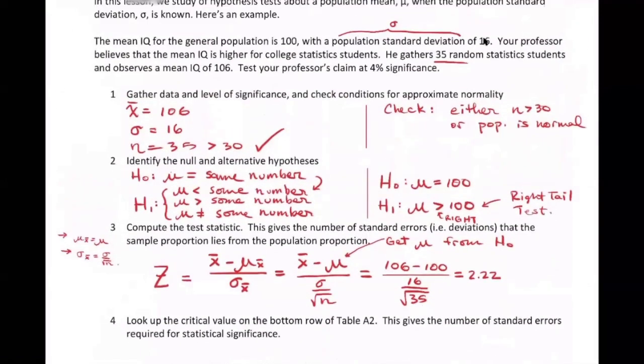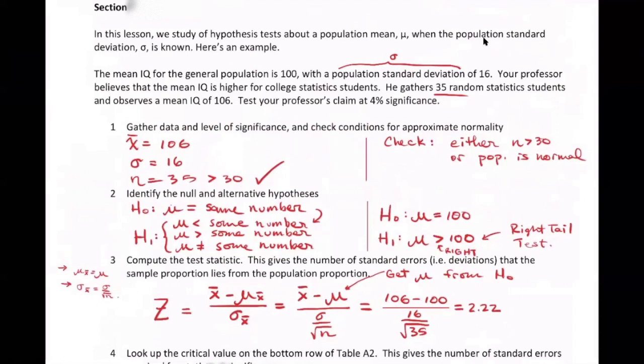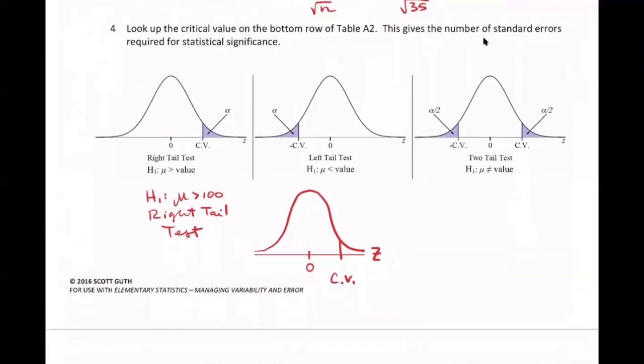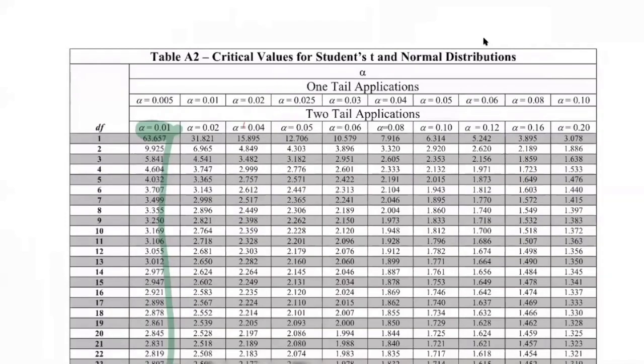So let's go back here. The weirdest thing, it says 4% significance. I don't get that, but maybe I'll mark it down here. Alpha was 0.04. It's a strange number, but we're going to go with it. With 4% significance, we're supposed to look this up on table A2, bottom row.